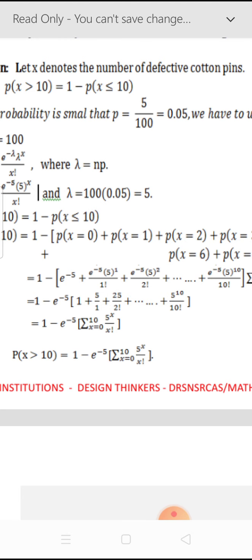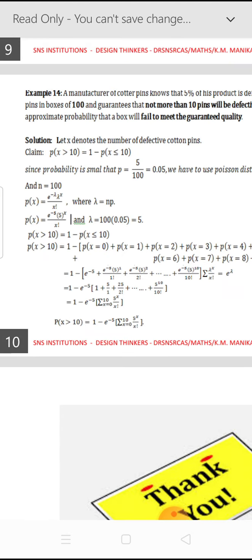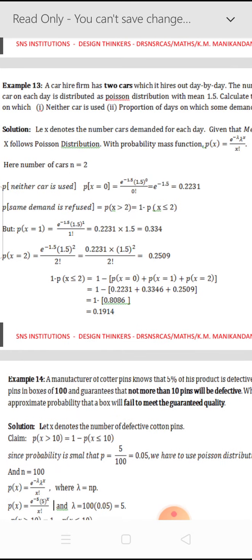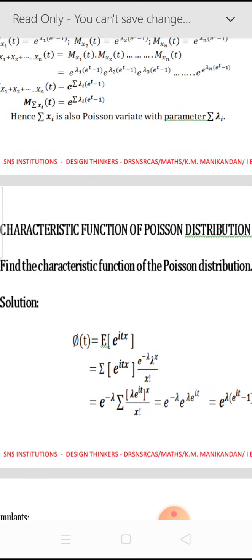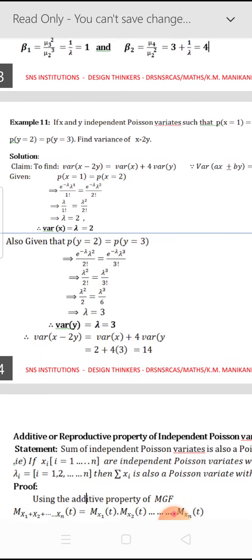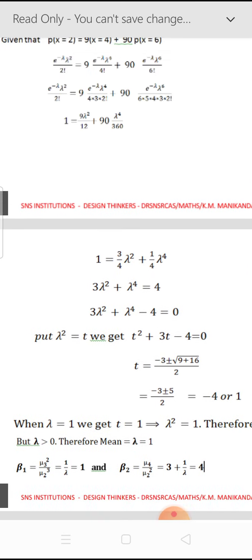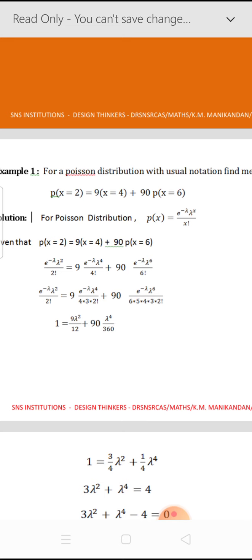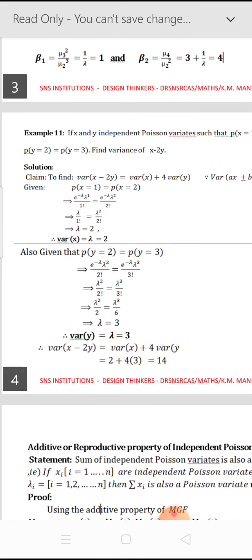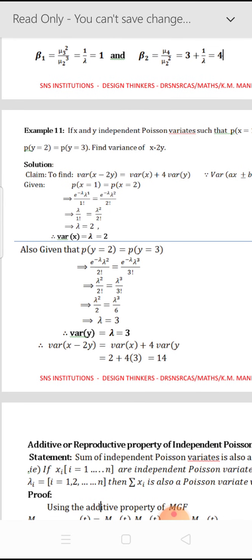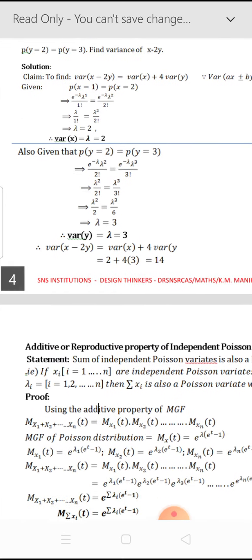So dear students, in a short span, we have found out in our class, we summarize the classes now. We have seen the problems on the Poisson distribution by applying probability values. And then we have found the variance for the sum of two independent random variables.